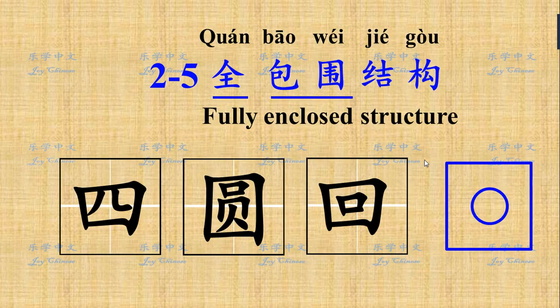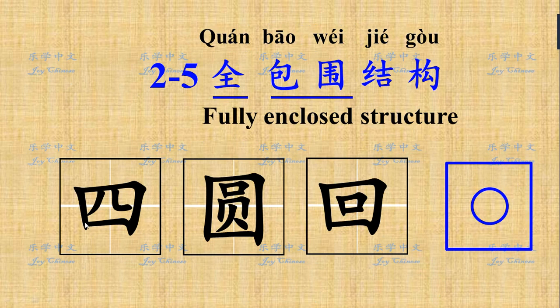Okay, the fifth one we call fully enclosed structure. Full means 全, complete. 包围 means enclosed or surrounded, like this. It's actually two parts. Outside is totally surrounded, and the part inside is enclosed inside of this frame.